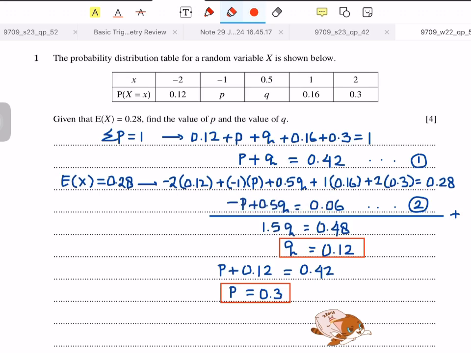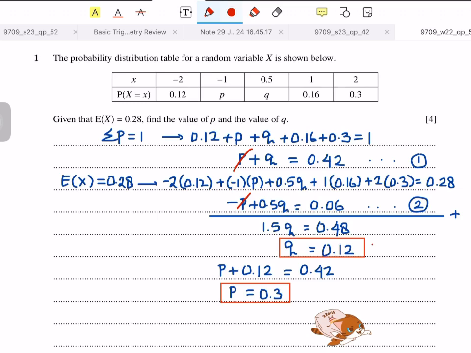We can eliminate the P by adding the first and the second equation. So Q plus 0.5 Q will be 1.5 Q, and then on the right side we have 0.42 plus 0.08, which is equal to 0.48.